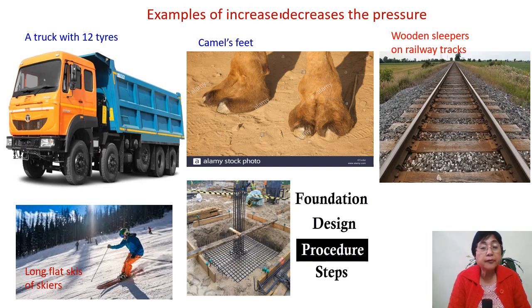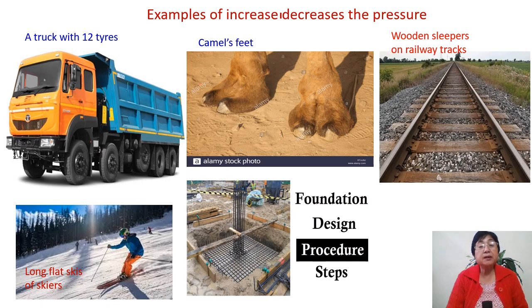Now, if there are only 4 tires, this area of contact will be very small, because a tire does not touch the ground all at once, only the portion that comes in contact with the ground. So this point will be an area of contact, this point will be an area of contact, and this point as well. So there will be a very small area of contact. When there is a smaller area of contact, more will be the pressure.